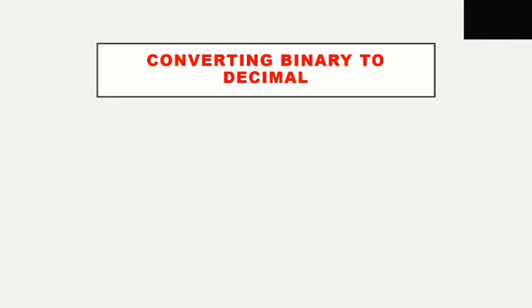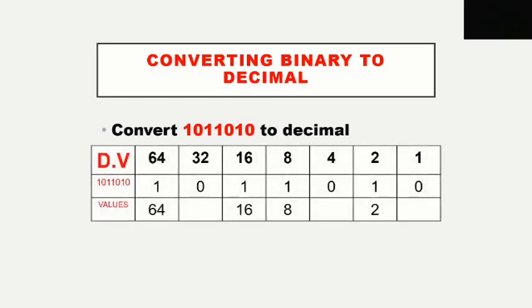Conversely, we can convert a binary number to decimal. Converting 10111010 into decimal, with the same process, we input the place values of each binary digit into the table. So we have 10111010.